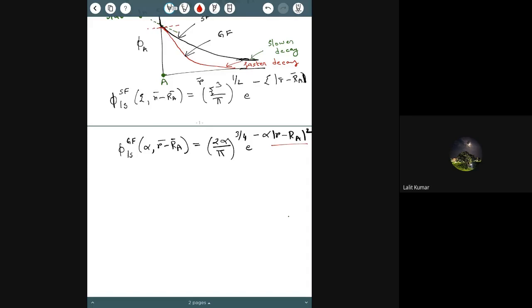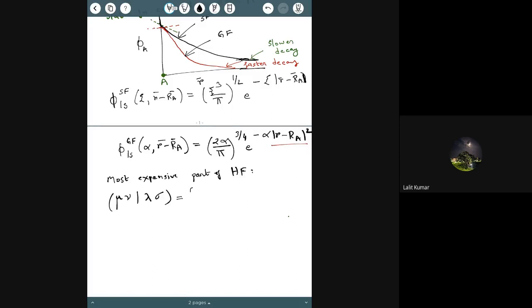The most expensive part of our calculation in Hartree-Fock is the evaluation of these four center or four index integrals, mu, nu, lambda, sigma. So these four index integrals are the most expensive part of our calculation. So this is the spatial integral.